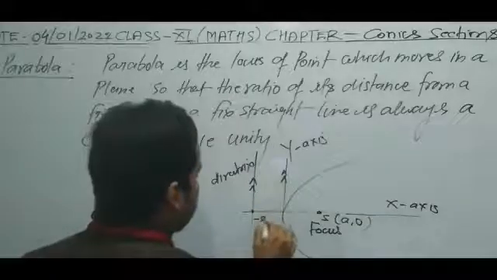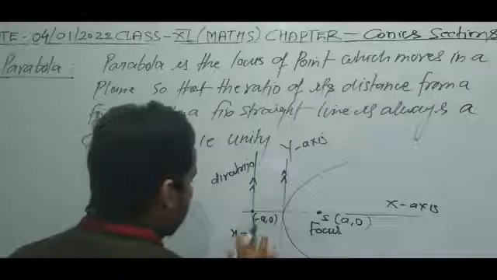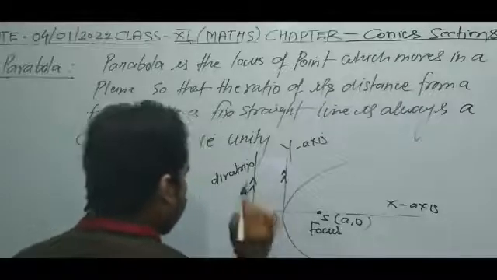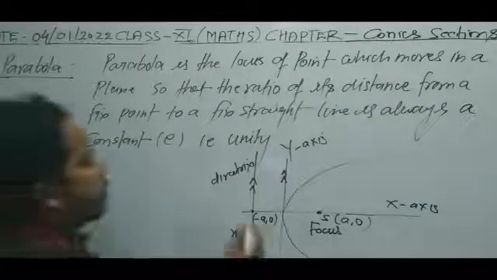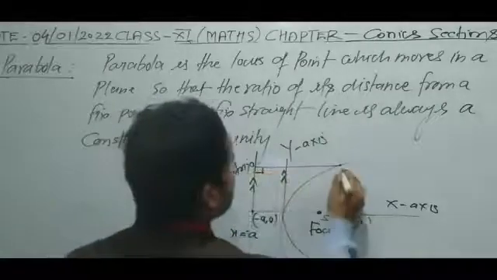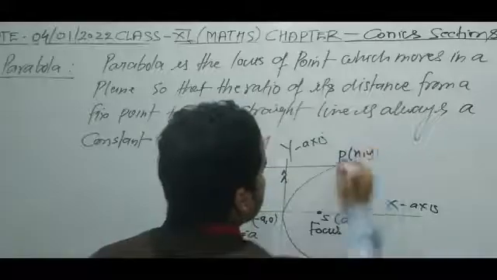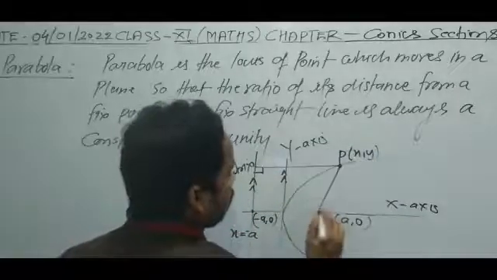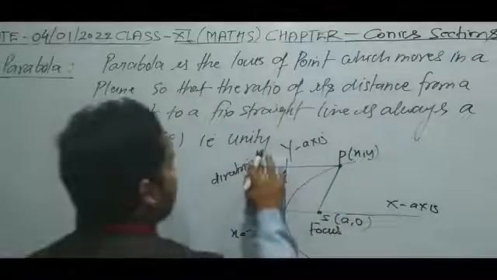This coordinate is minus a comma 0. X is equal to minus a, and this is the perpendicular distance. P is x comma y. This is the focus, and now this is point M.